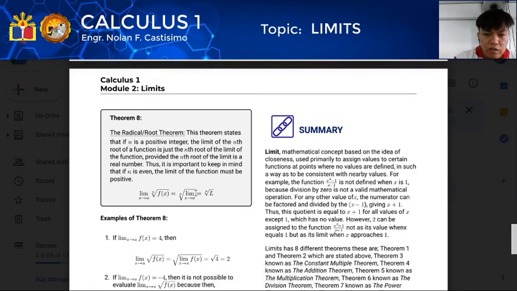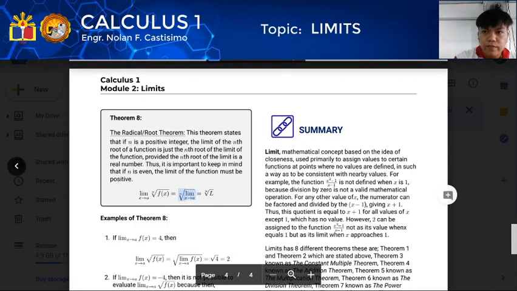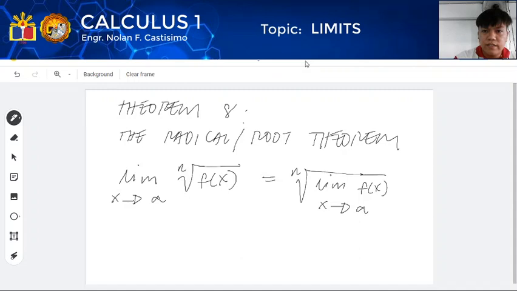Dapat meron pang f of x dyan. Ito siya, is equivalent to nth root of L. So, dininote ulit natin yung limit ng f of x as x approaches a sa L.